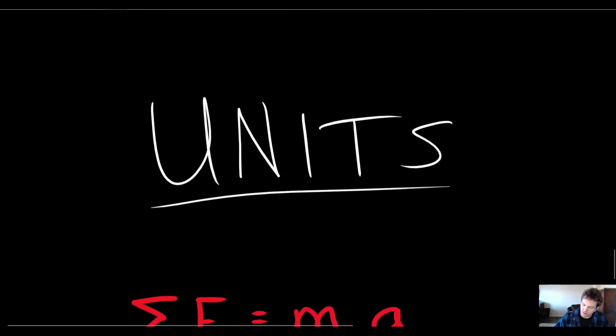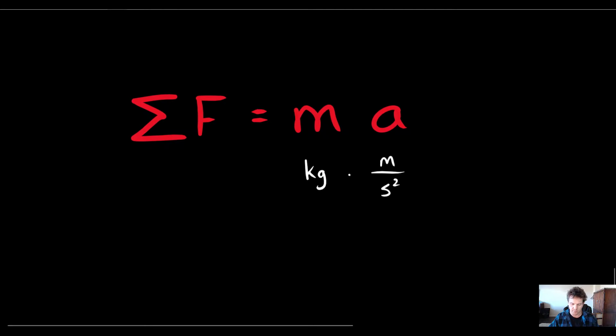Cool. Just looking and thinking about units. We haven't talked about the units we will use to represent this. So this is Newton's second law. If we think about what the units are, anytime you are talking about a force, that's going to be equal to a kilogram in terms of mass times the units for acceleration, which is meters per second squared.